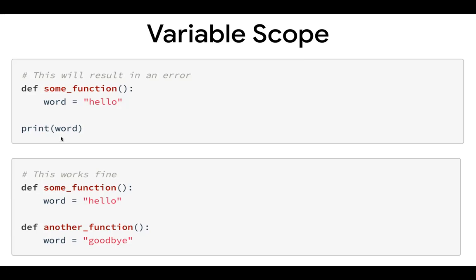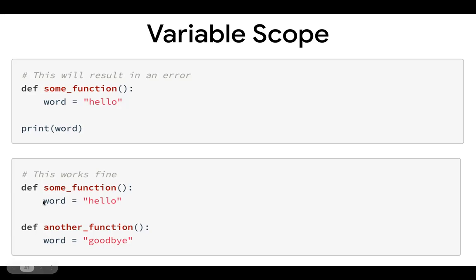But imagine if we have two functions and each function has the variable word, the same. There is no error. Why?